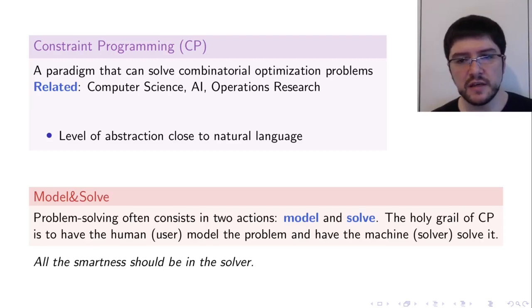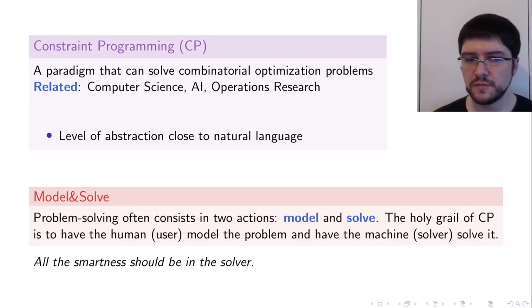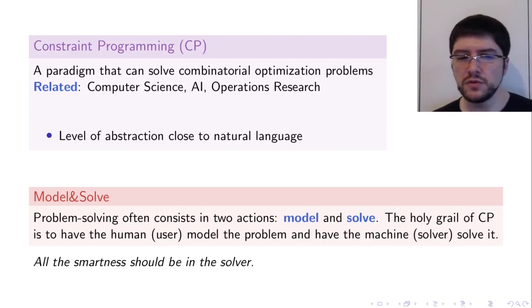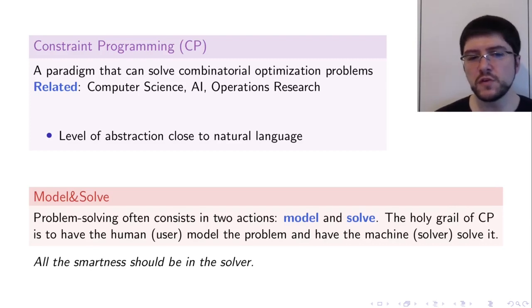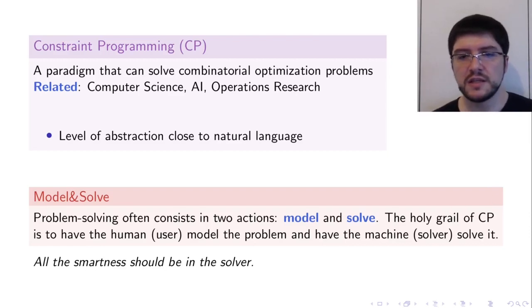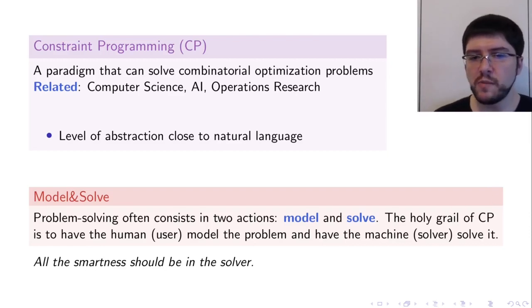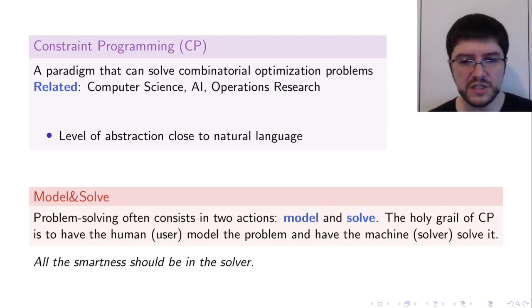One of its key features is that it has a level of abstraction that is close to natural language. When we do problem solving, it often consists of two actions, model and solve. The holy grail of constraint programming is to have the human model the problem and have the machine solve it. All the smartness should be in the solver.